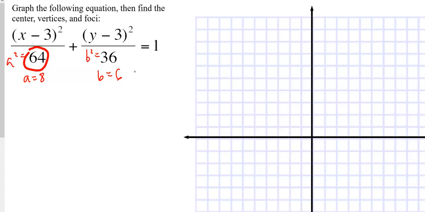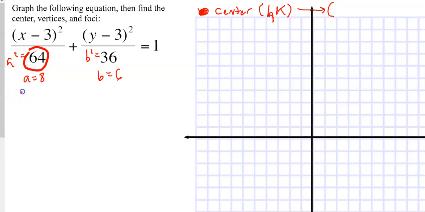The starting point, it's really helpful to find your vertex, right? So your center, I guess for this type of figure, it's called the center. It's going to be at h comma k. So let's look at the formula.